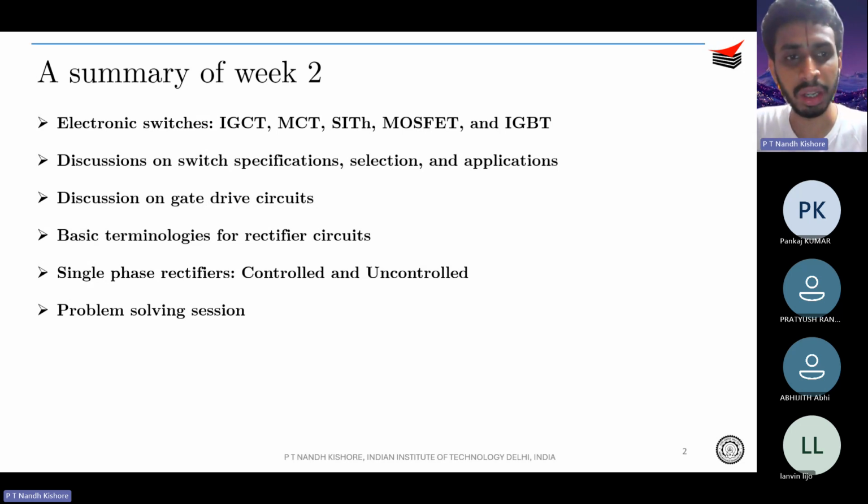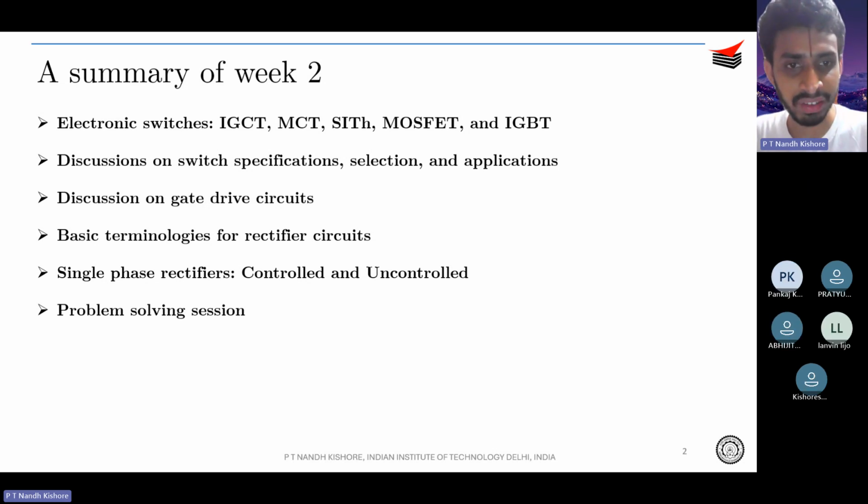You had a number of terminologies, I guess. And then you started off with single phase rectifiers. In particular, you covered uncontrolled single phase rectifiers just using diodes, and then you came over to controlled single phase rectifiers that are implemented using SCRs, right? So I guess this is an overview of what was done or covered in the last week.